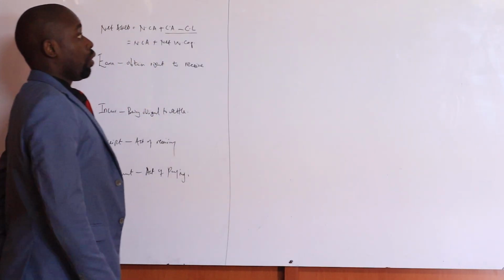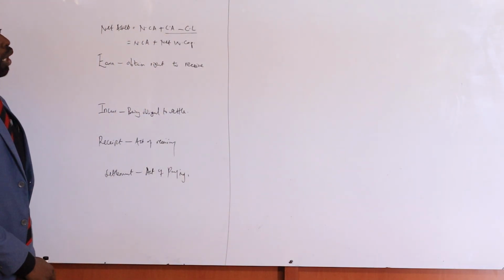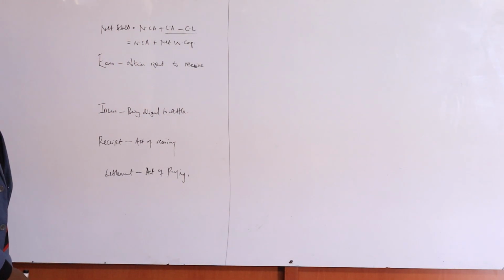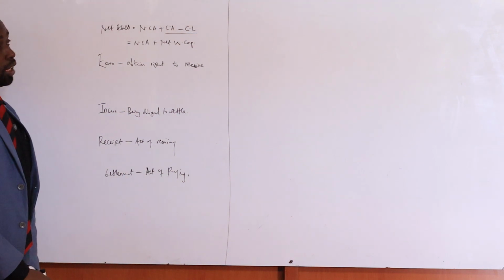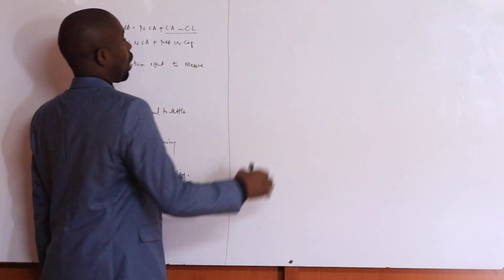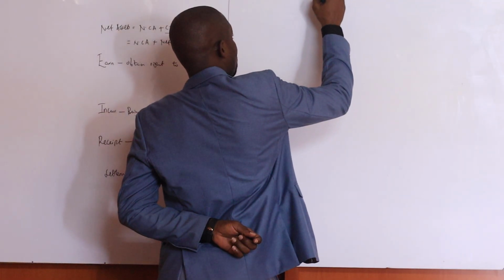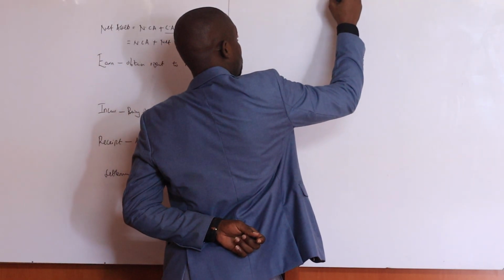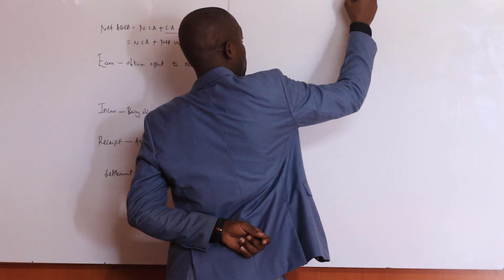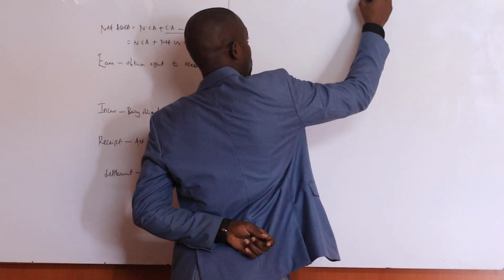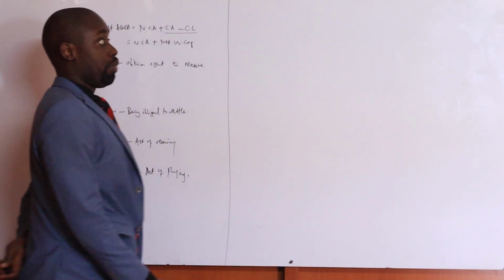So something outstanding is something whose time for receipt or settlement has passed. So outstanding means what? Delayed receipt or payment.